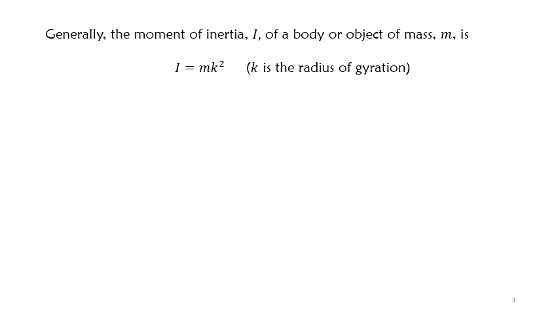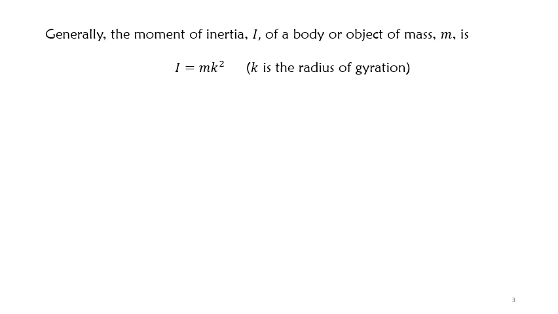If you have the same mass and k is different, then I will be different. If you have two, three different bodies with the same masses, but their radius of gyration is different, then the I will be different. And again, that radius of gyration, k, is affected by all those things that we considered earlier.